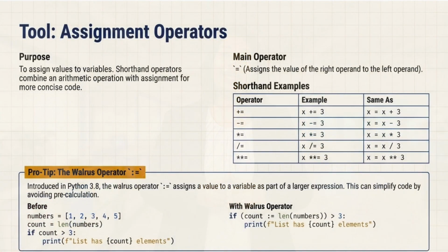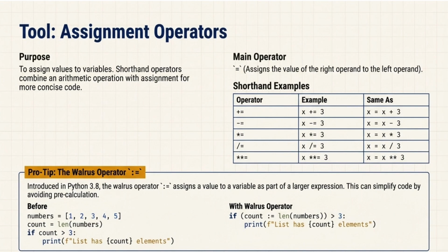In Python, assignment operators are used to assign values to variables, and some of them even combine arithmetic operations with assignment to make your code shorter and cleaner. The main operator you already know is the equal sign, which simply assigns a value to a variable. But Python also gives us shorthand operators.